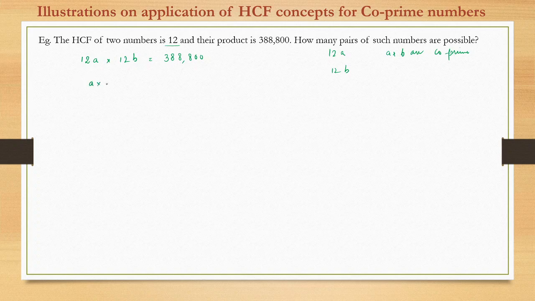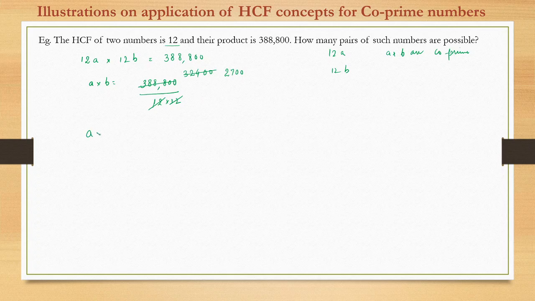So we can write a into b as nothing but what? 388800 by 12 into 12. This we can divide actually, and this 12 will divide this to give 2700.